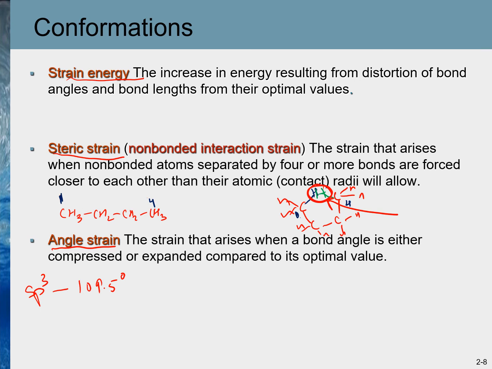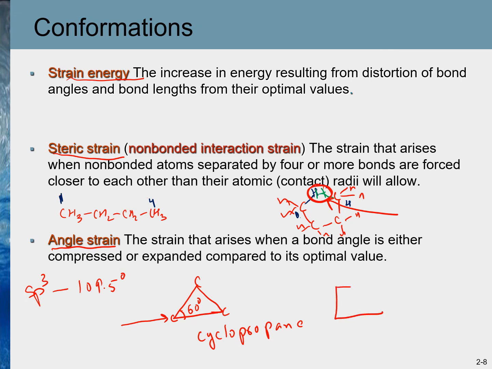However, in certain cases, the molecule is forced to adopt a geometry in which the angle is not 109.5 degrees. For example, in a cyclic molecule such as cyclopropane, the angle between carbon-carbon bonds is 60 degrees. It is almost half the value of the optimum angle. So this will create a huge angle strain.